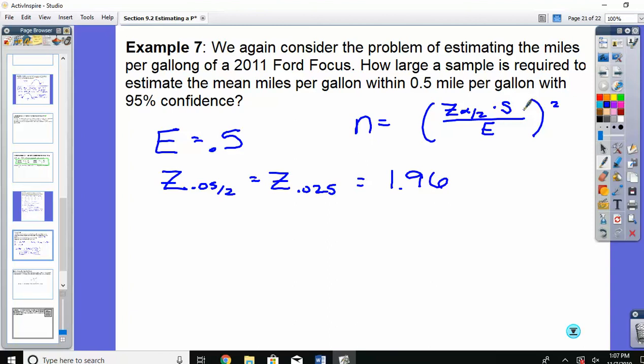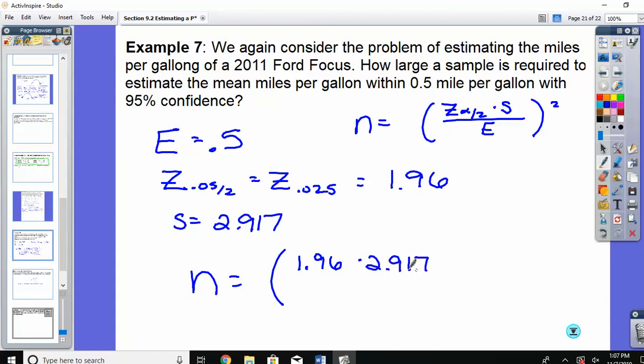Okay. Then the other piece of this I need is my s, which we did on the previous example when we entered all this in. 2.917. Okay. So now we can plug it in. How do you find that if we didn't have it? I would either have to tell it to you or give you the data so you can plug it in your calculator and get it. From the previous example when we were doing the cars.